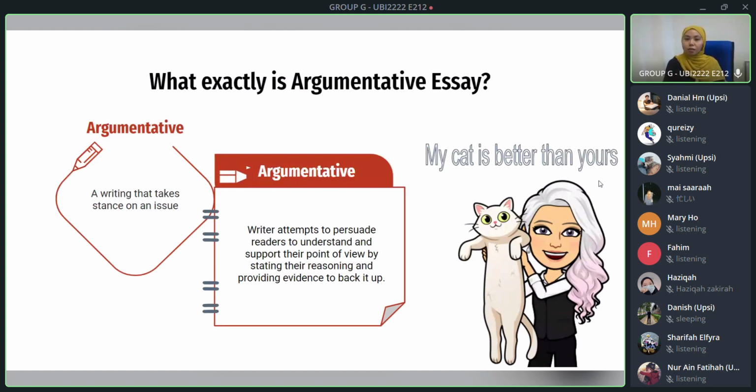And your cat is just a normal tomcat that you can find anywhere, a very kampong one. But then again, that is just my opinion. Can I change their mind? Perhaps yes, perhaps no. So an argumentative essay is basically persuading people to agree with you.